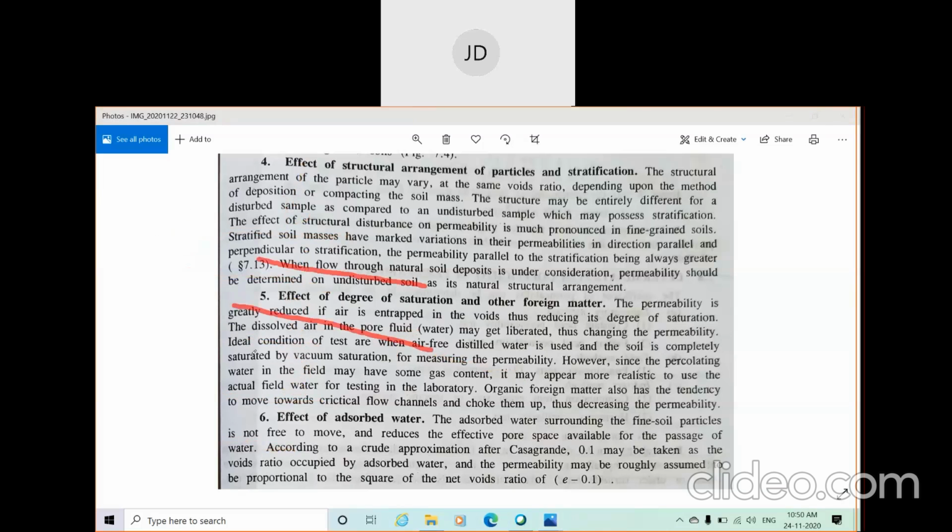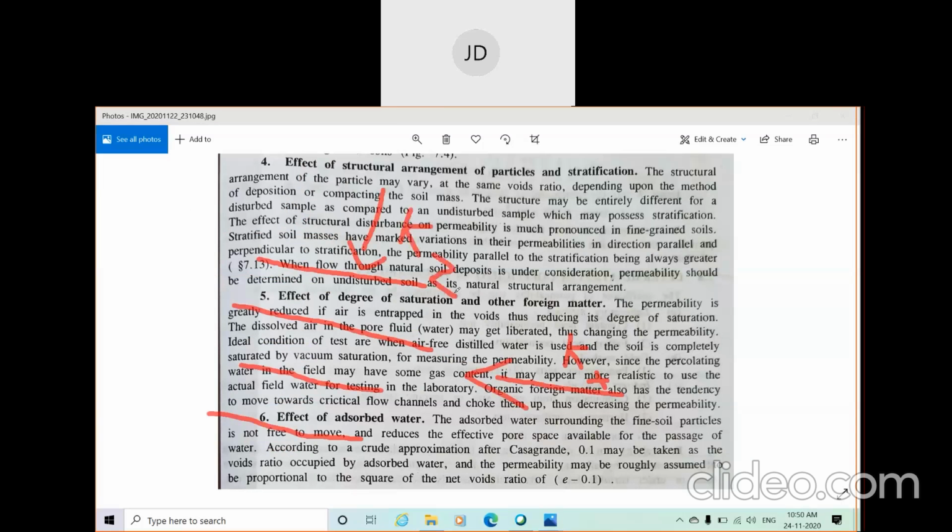These are the layered soil, and water is moving in this direction or in this direction. In this direction the coefficient of permeability is represented by kx, and in this direction by kz.